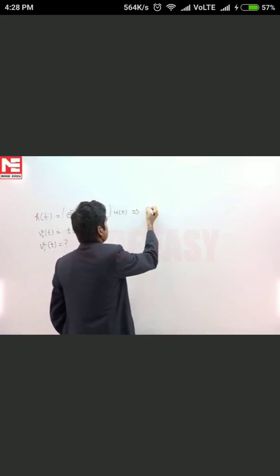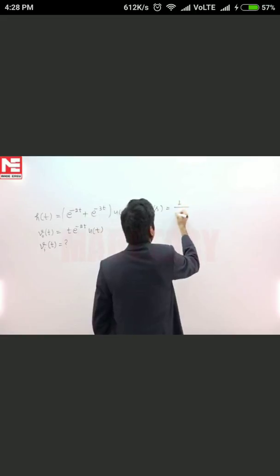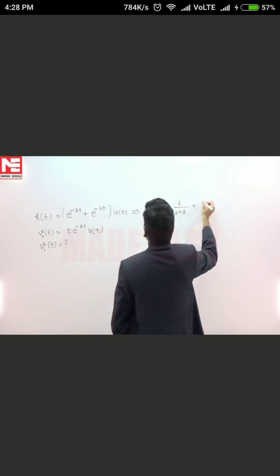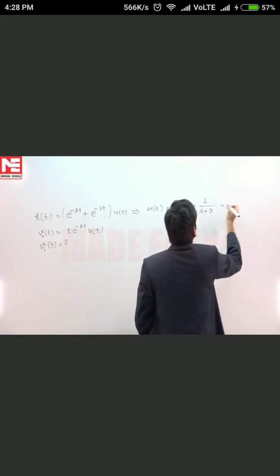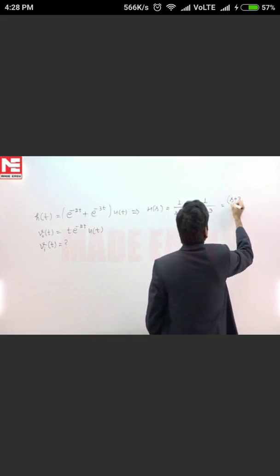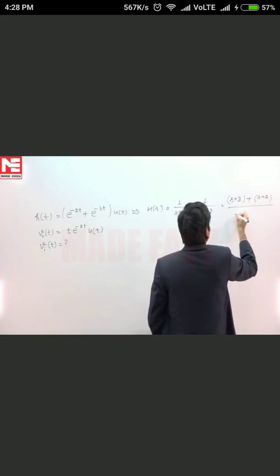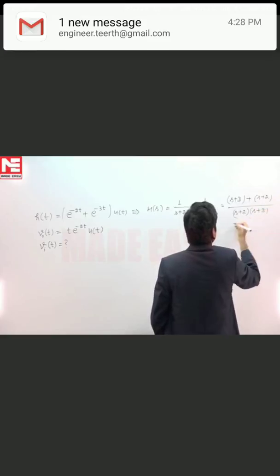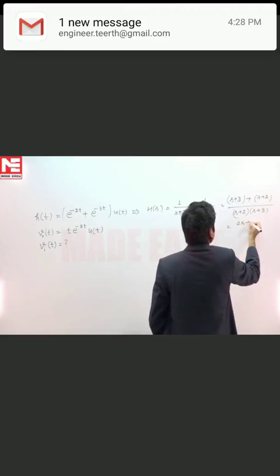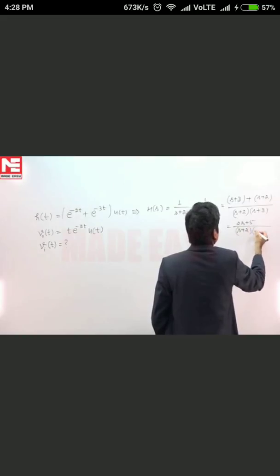So corresponding H(s) is 1 upon s plus 2 plus 1 upon s plus 3, that is s plus 3 plus s plus 2 upon (s plus 2)(s plus 3). It is 2s plus 5 divided by (s plus 2)(s plus 3).